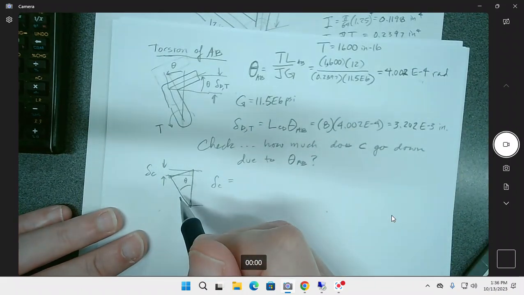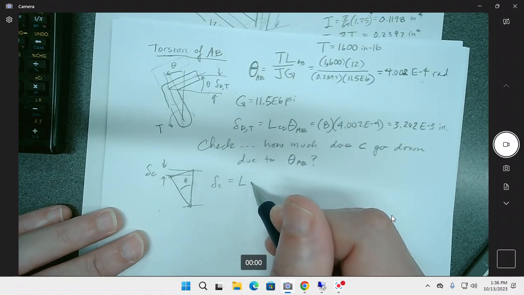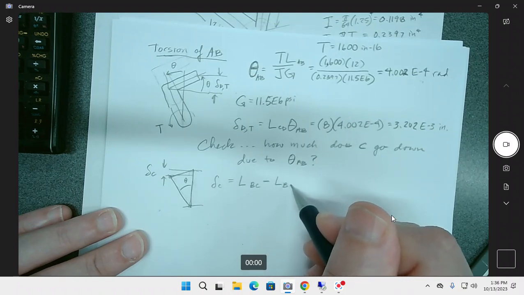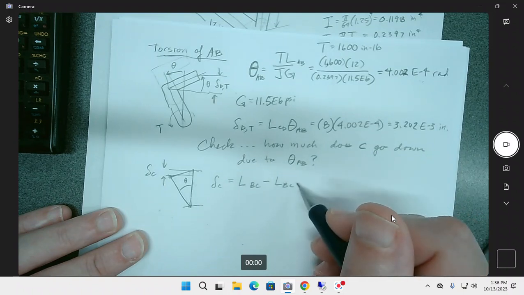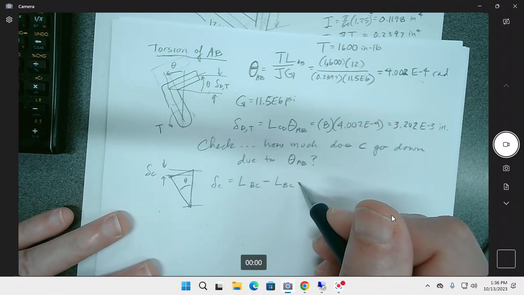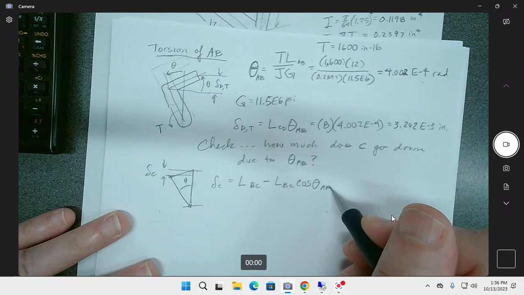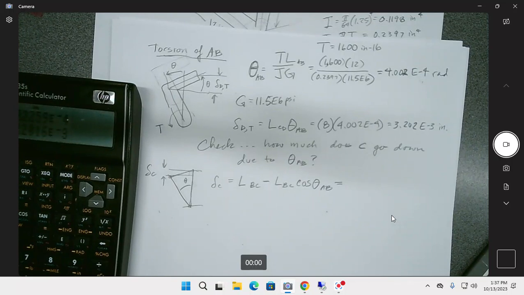Really what you're checking is the cosine of theta AB. Is that right? Yeah, it's going to be close enough. I just want to see how small it's going to be. Spoiler alert, really small.